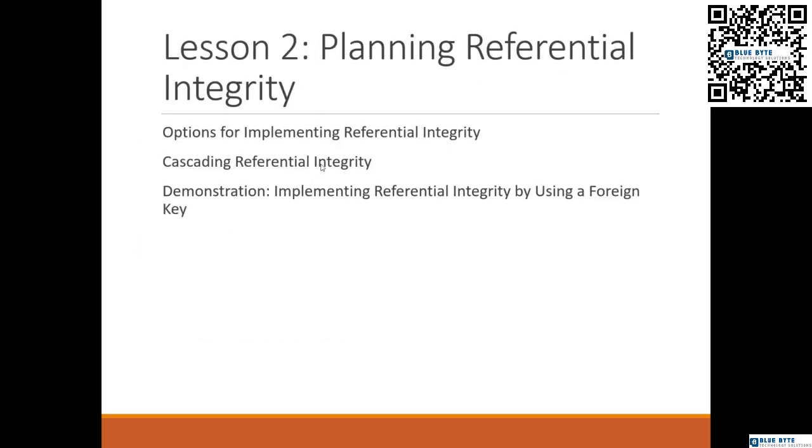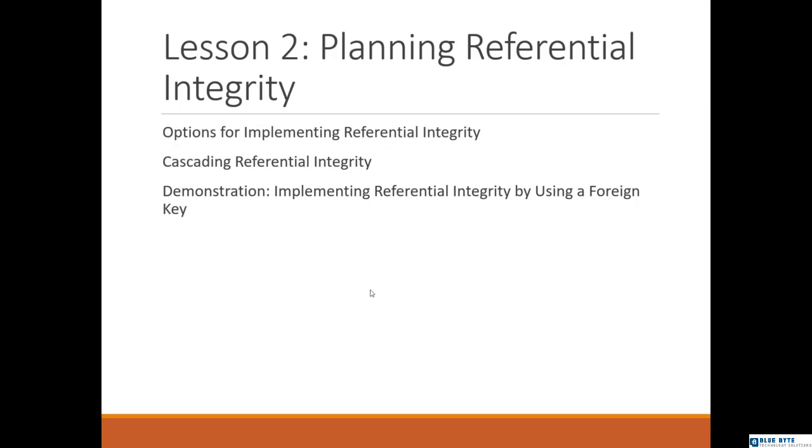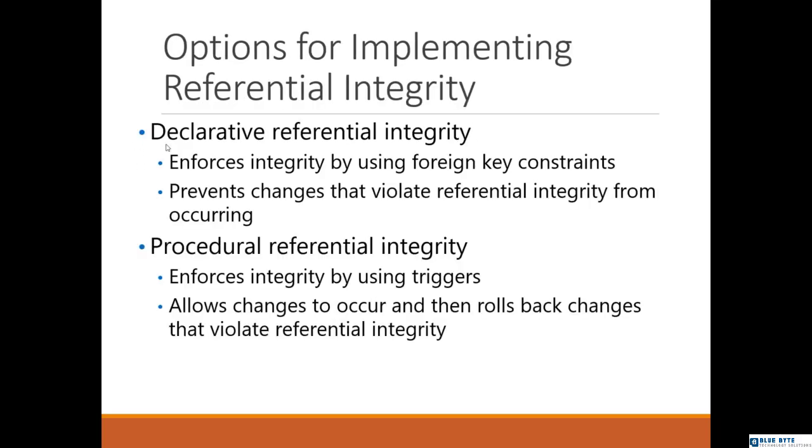So as we see now, referential integrity is the main key element to implement the integrity of relationships between tables. And we have two options to implement referential integrity. The first one is declarative and the second one is procedural. With the first method, we need to use a foreign key constraint, and that is going to maintain the integrity.